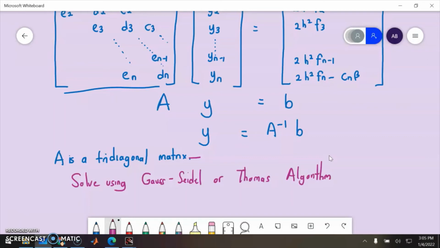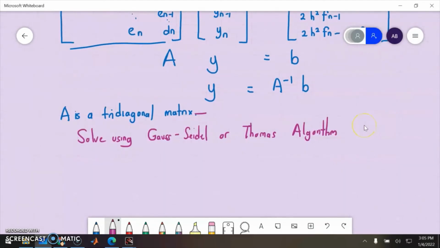Instead of computing it by yourself, I want to show you how to solve this problem. Let's consider a simple problem.